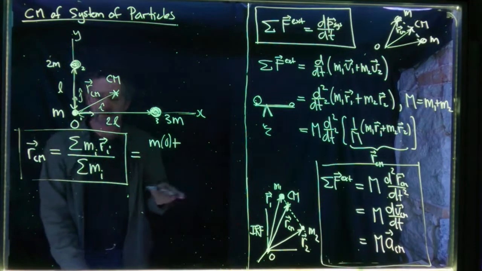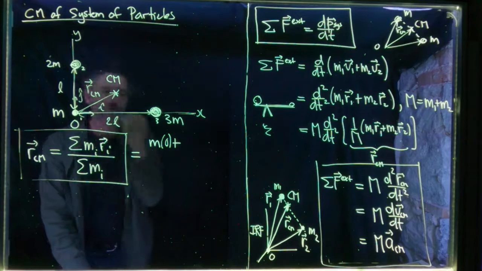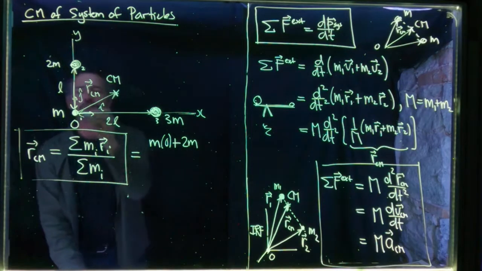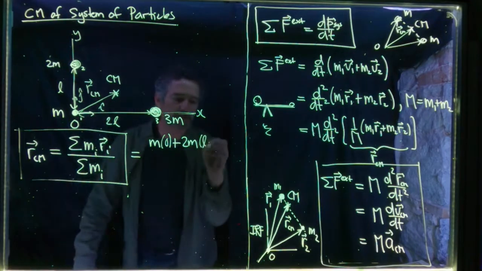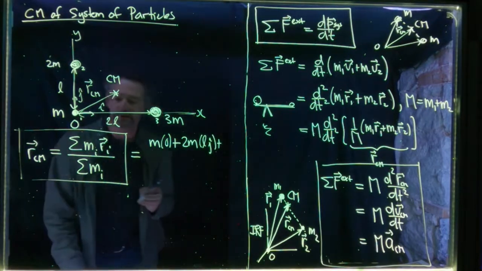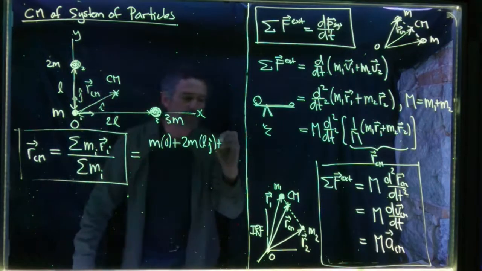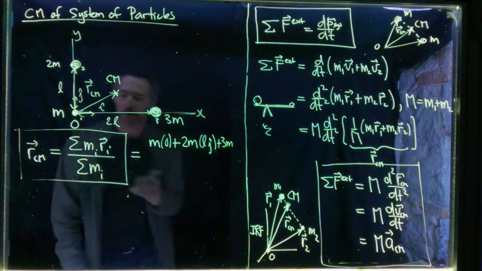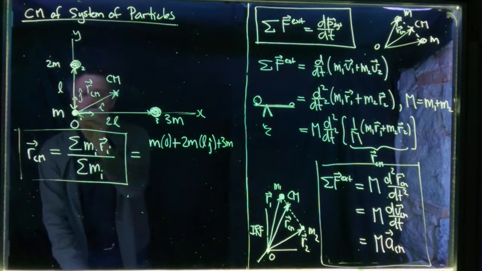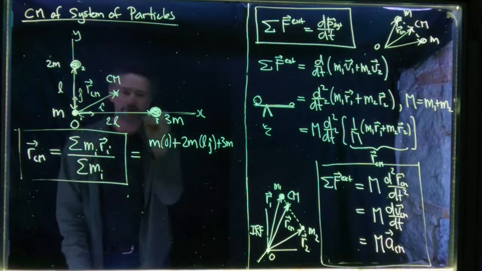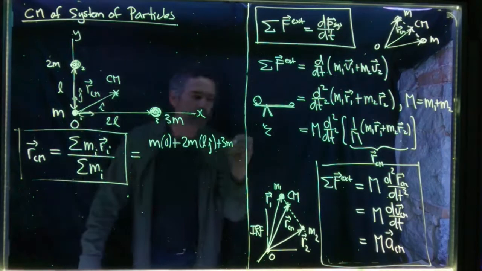Plus the mass of particle number 2, which is 2m, times the vector which points from the coordinate origin to our particle, which is a vector of length L in the j hat direction. So that's L j hat, plus the mass of particle number 3, which is 3m, times a vector which points from the origin of our chosen coordinate system to particle number 3, which is a vector of length 2L in the i hat direction.